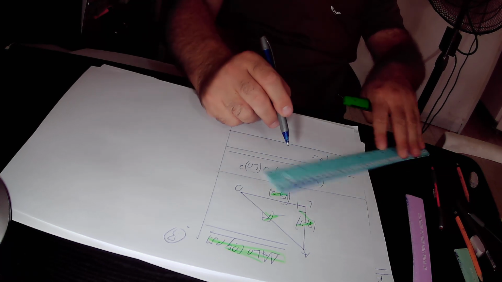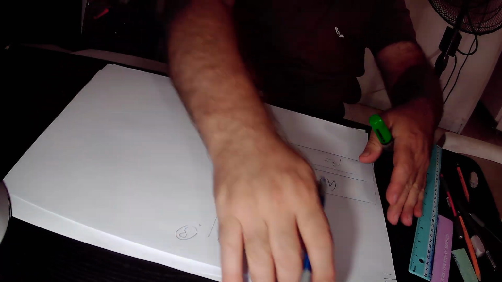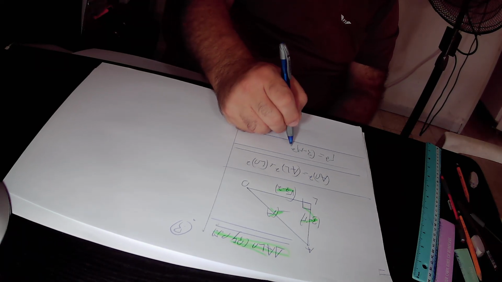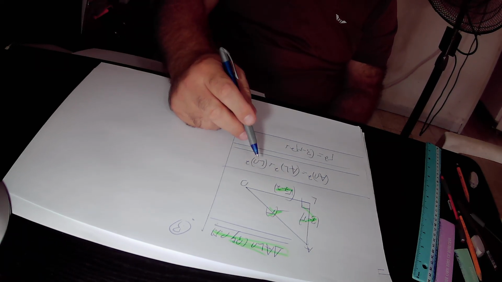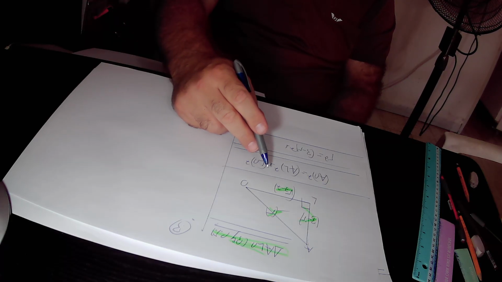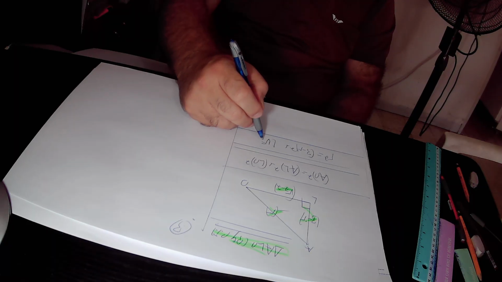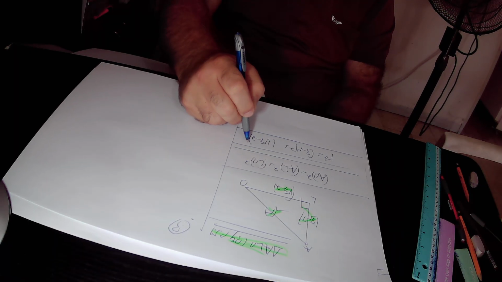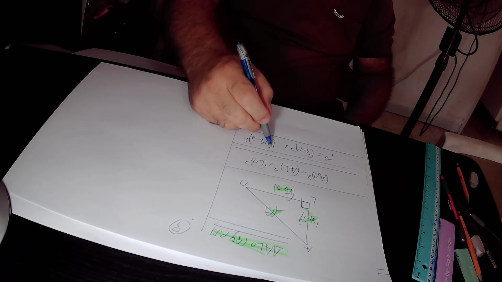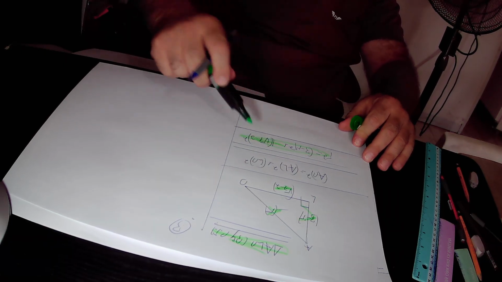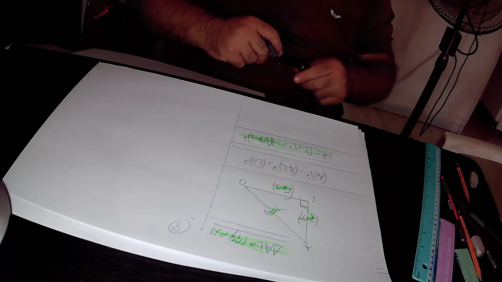AL is 3 minus R, therefore AL squared is (3 minus R) squared, plus LO squared. LO is square root of 7 minus 2, therefore LO squared is (square root of 7 minus 2) squared. So in total we found out that R squared equals (3 minus R) squared plus (square root of 7 minus 2) squared.